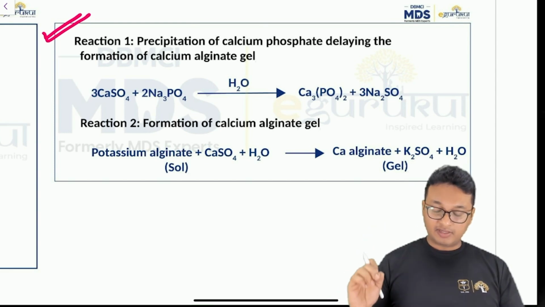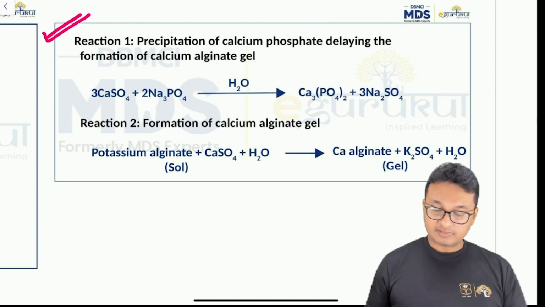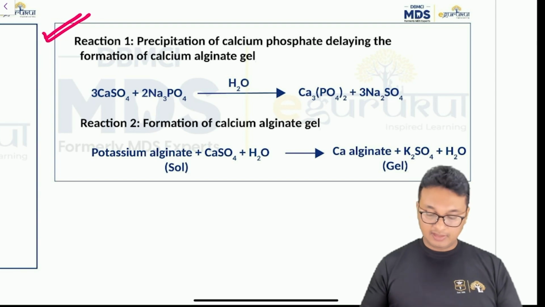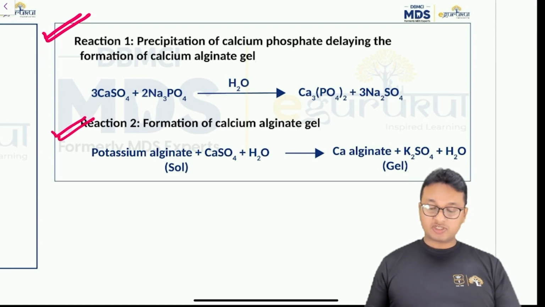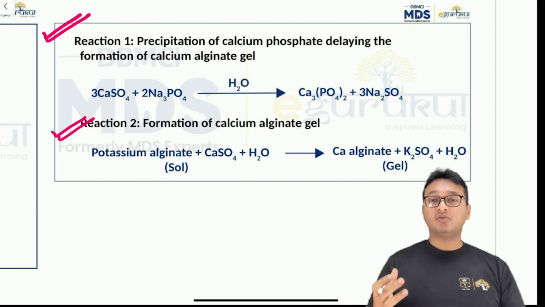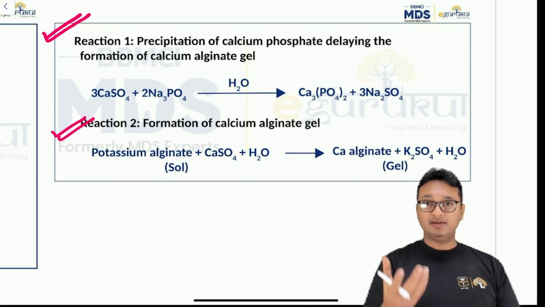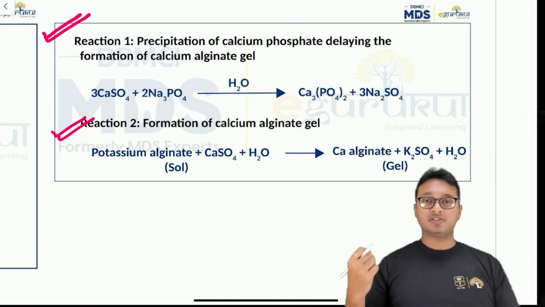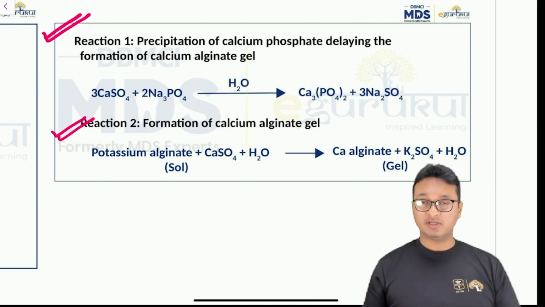Basically, what we are trying to say here is that there are two reactions: the precipitation of calcium phosphate delaying the formation of calcium alginate gel, and finally the second reaction leads to formation of calcium alginate gel. That is what you obtain once the alginate is set within the patient's mouth, and that is what you can remove from the patient's mouth, and that is ready for pouring using a dental stone.